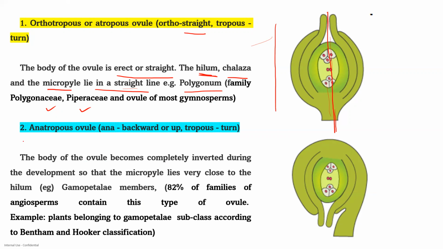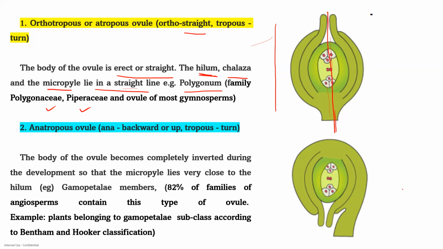Next we come to Anatropous ovule. Ana means backward or up, and tropous means again turn. The ovule is inverted, right? The body of the ovule becomes completely inverted during development so that the micropyle lies very close to the hilum.